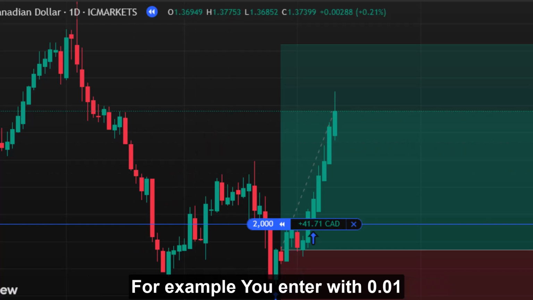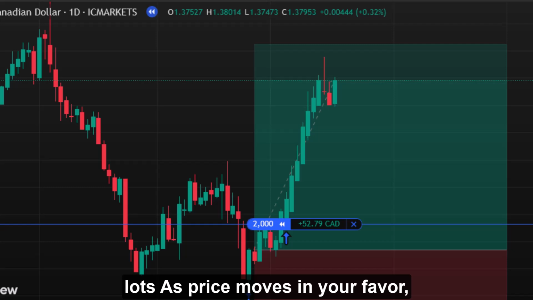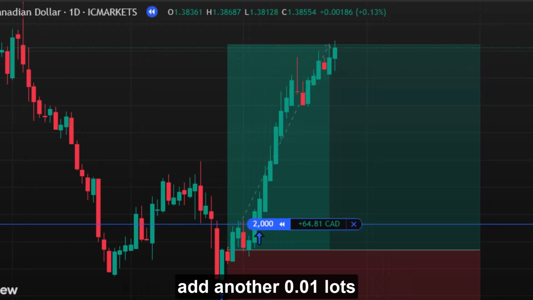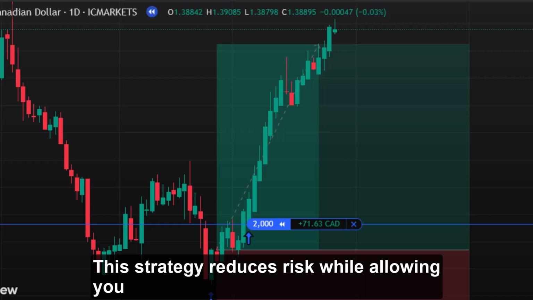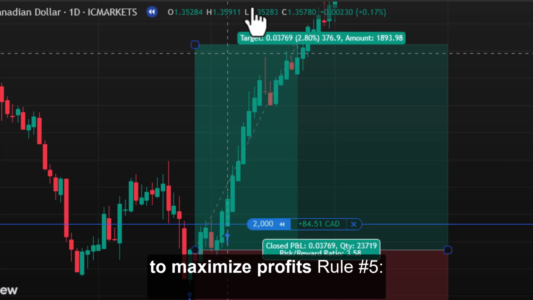For example, you enter with 0.01 lots. As price moves in your favor, add another 0.01 lots. Lock in profits as the trade progresses. This strategy reduces risk while allowing you to maximize profits.